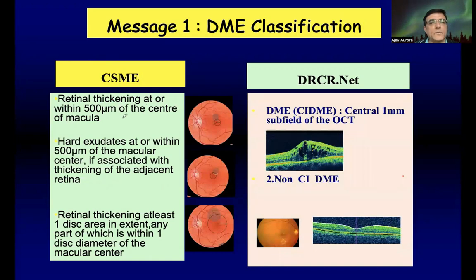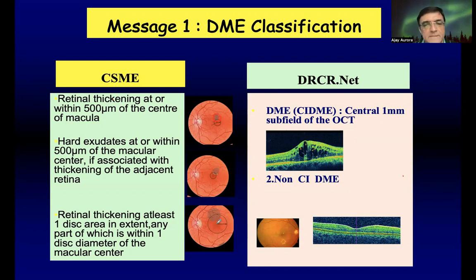For that, we needed to have a retinal thickening within 500 microns of the center of the macula, or hard exudates within 500 microns of the macular center associated with thickening of the retina, or a retinal thickening at least one disc area in extent, a part of which should be within one disc diameter of the macular center.